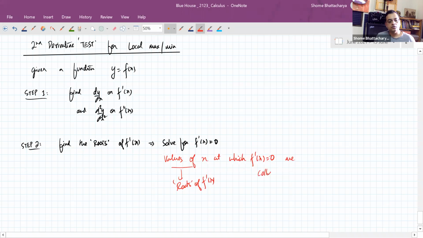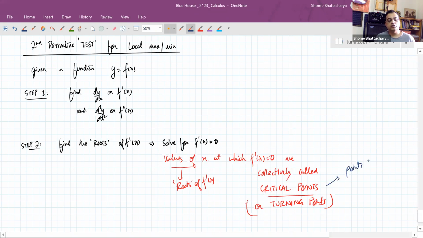Okay, now these values are collectively called critical points, or turning points, because these are the points at which the function either peaks or dips.